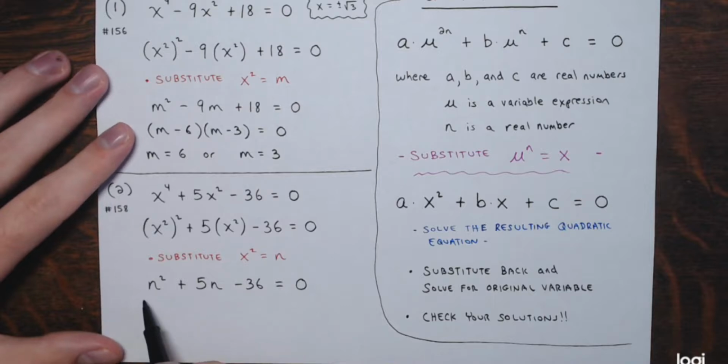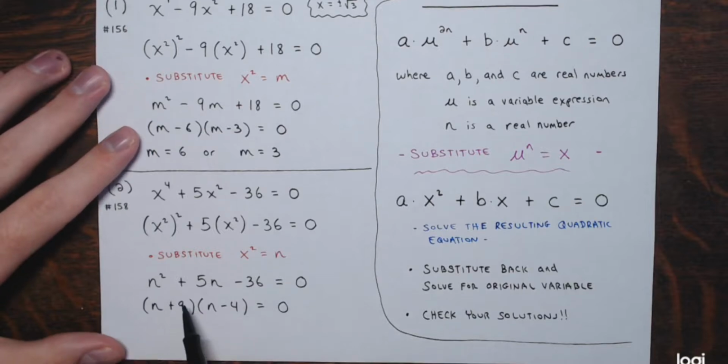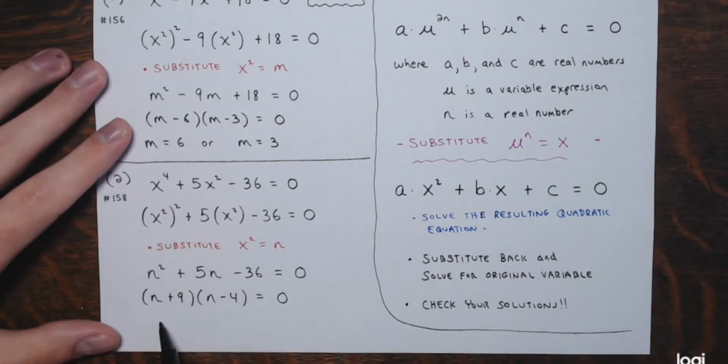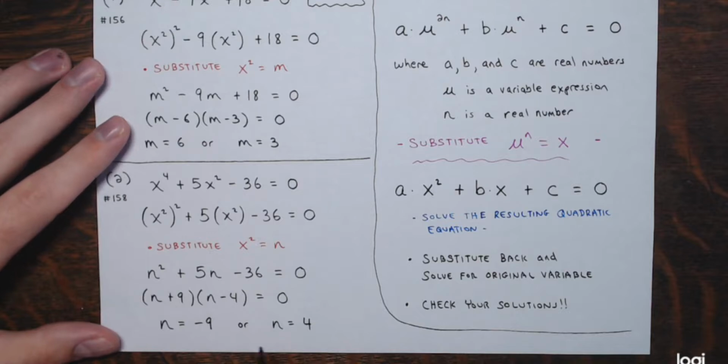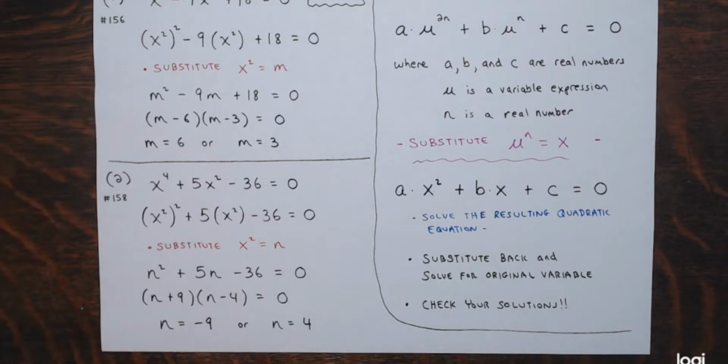Right. So this factors, this is n plus 9 times n minus 4. So my solutions in n, this new variable, are n equals negative 9 or n equals positive 4. Alright, but again, these are not the solutions of the original equation, right? The original equation had the variable x.